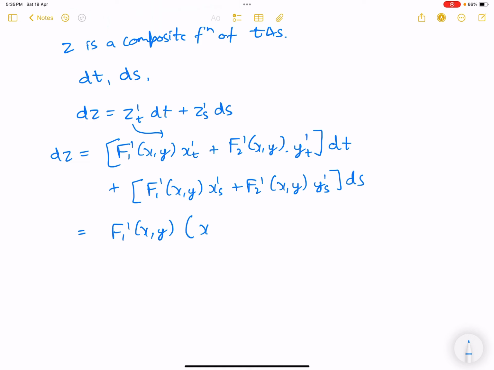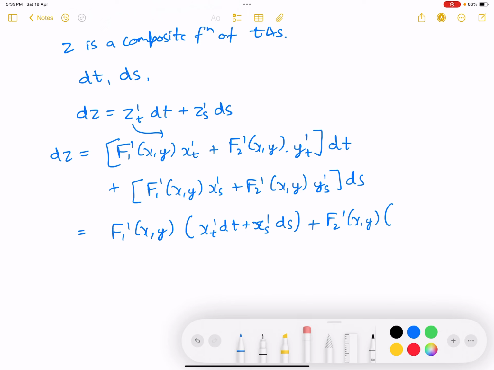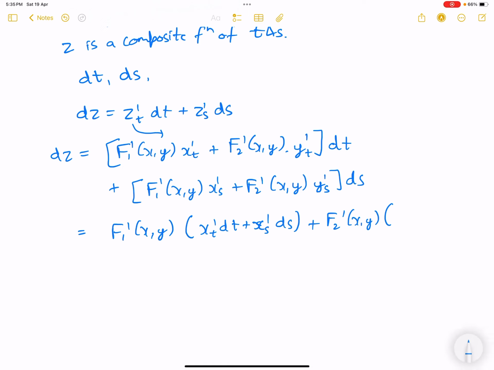What we are left with is xt dash dt plus xs dash ds, plus f2 dash(x,y) को कॉमन लिया अगर, we are left with, sorry this is yt dash dt plus ys dash ds, and this particular thing is nothing but dx.